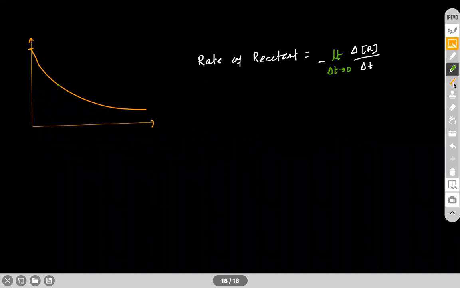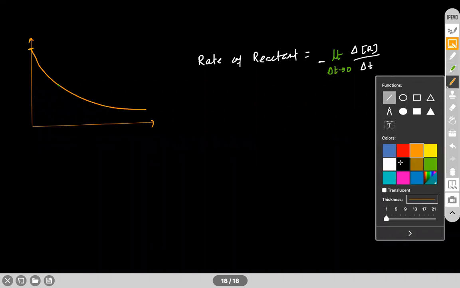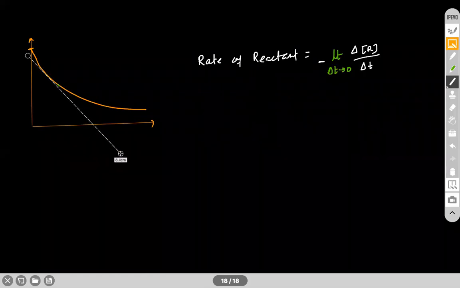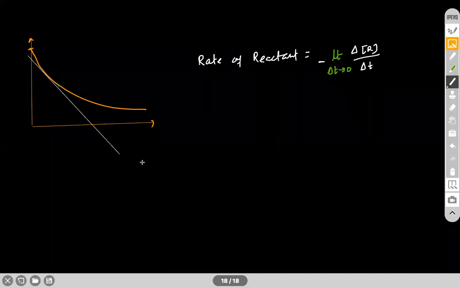Now, if you draw a line to join these two points here, the line will be what? Suppose this is a line we have. I'm just removing this one.